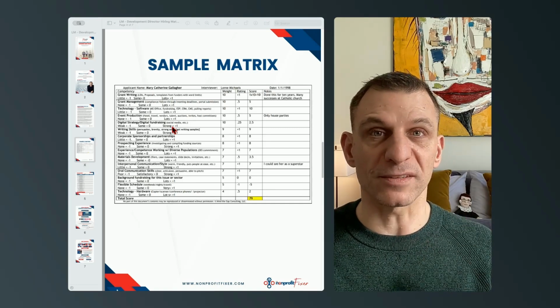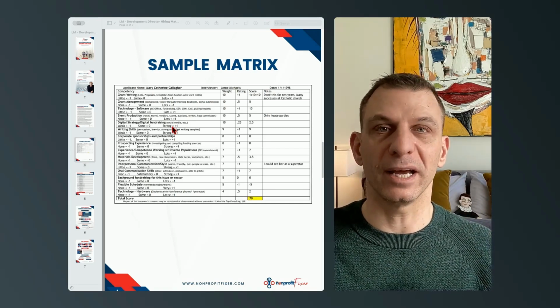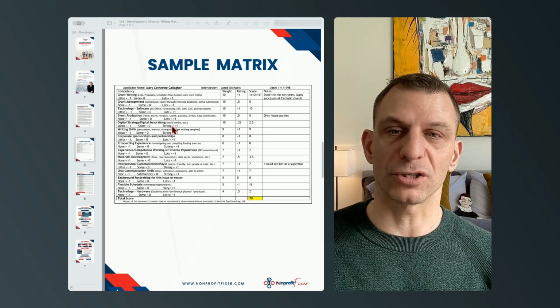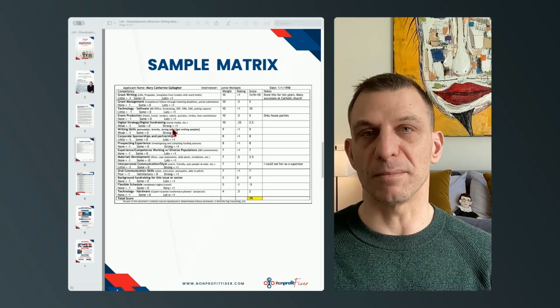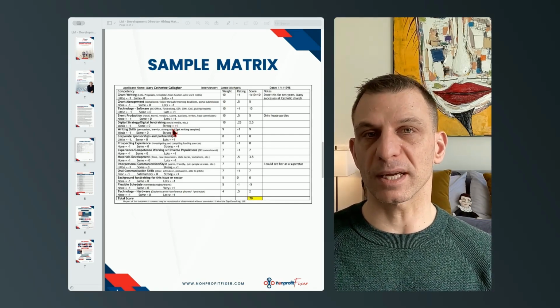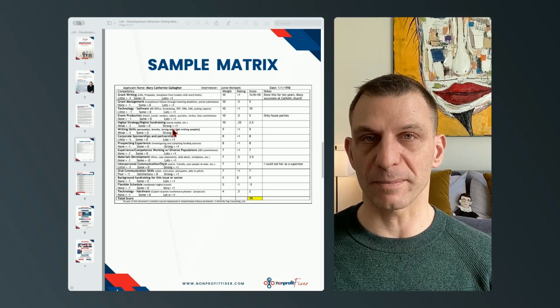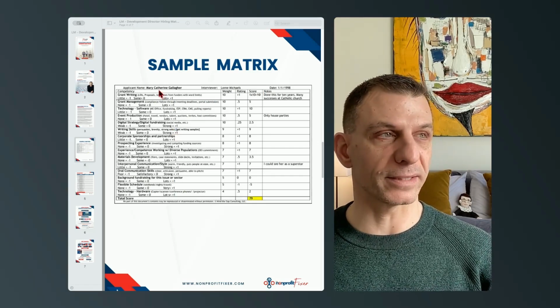So you can use this for any hiring at all, but I want to show you this tool for a development director just as a model, because it is usually the second or third hire that a nonprofit makes.